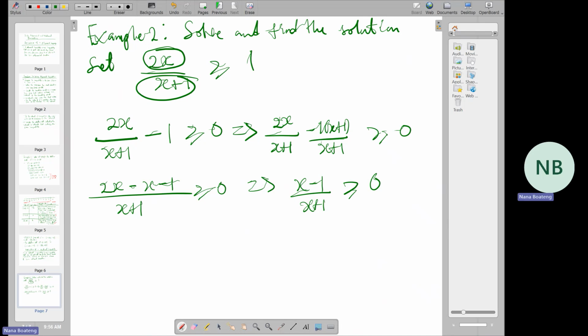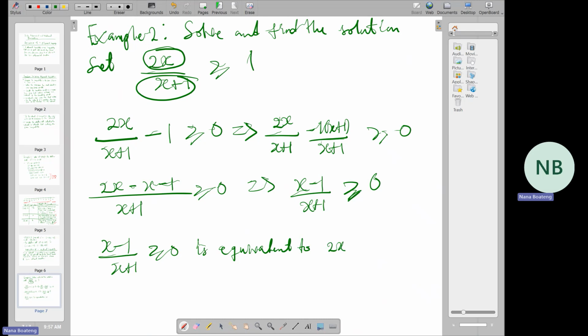This form is equivalent to the original form, 2x divided by x plus 1 greater than or equal to 1.